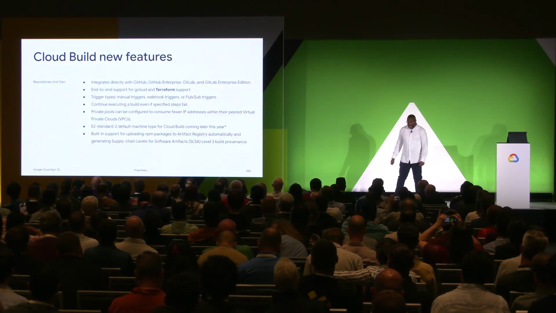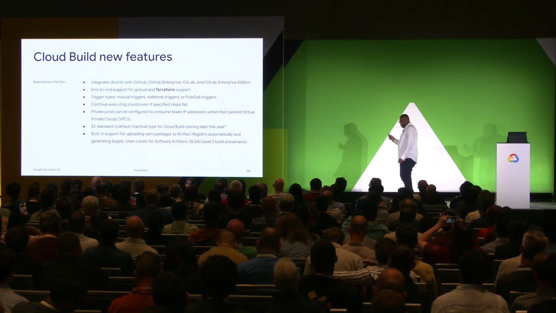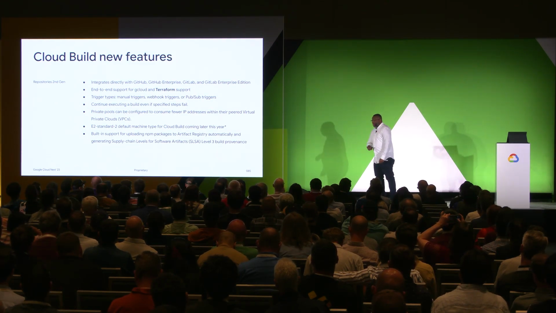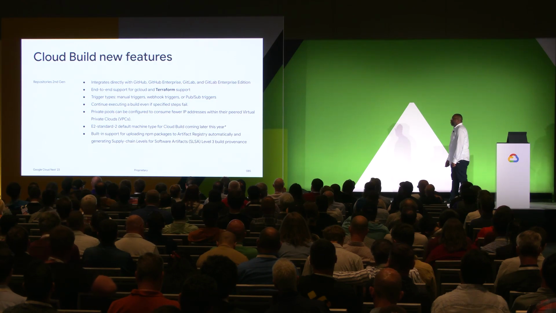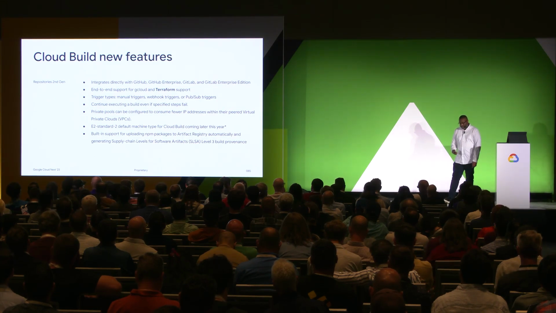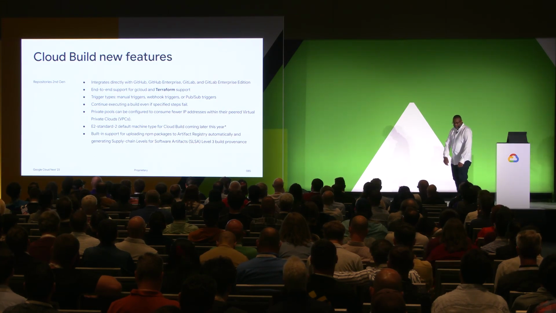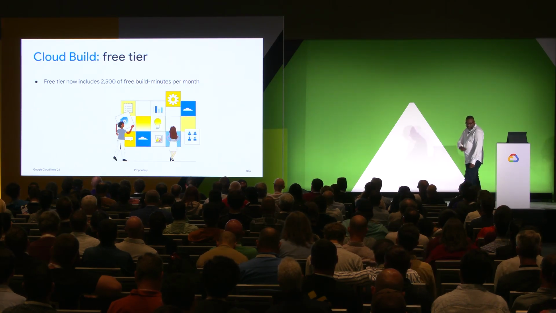What we found out was that people really wanted to use Terraform to create infrastructure as code for everything, including how their pipelines are built. So that was one of the features we added. It was a very well-received feature, I'll say. Every now and then we get to do some things that customers really like, and this was one of them. We'll move on.